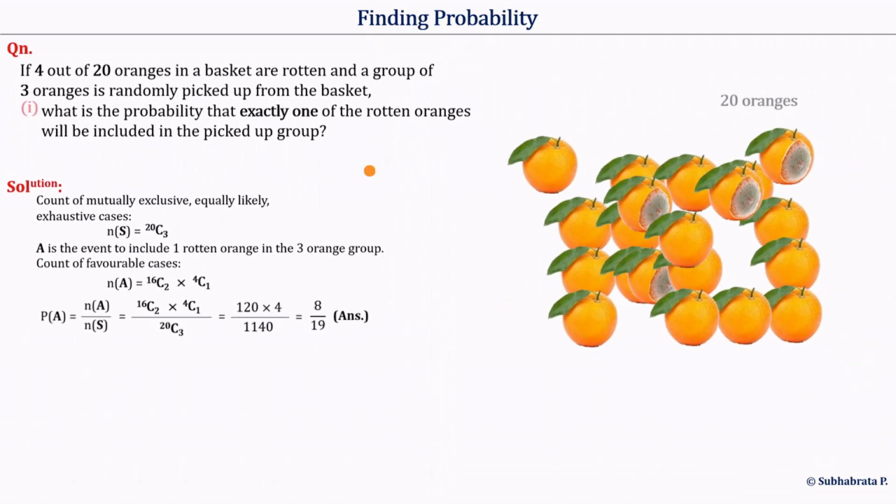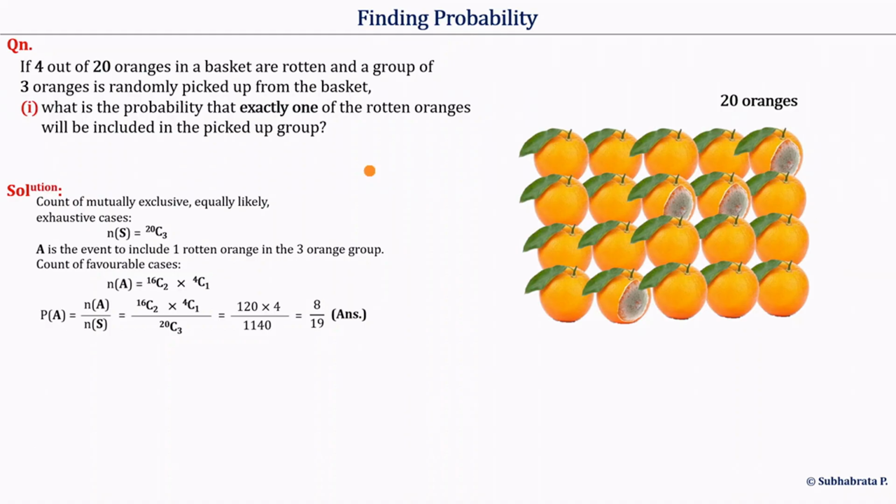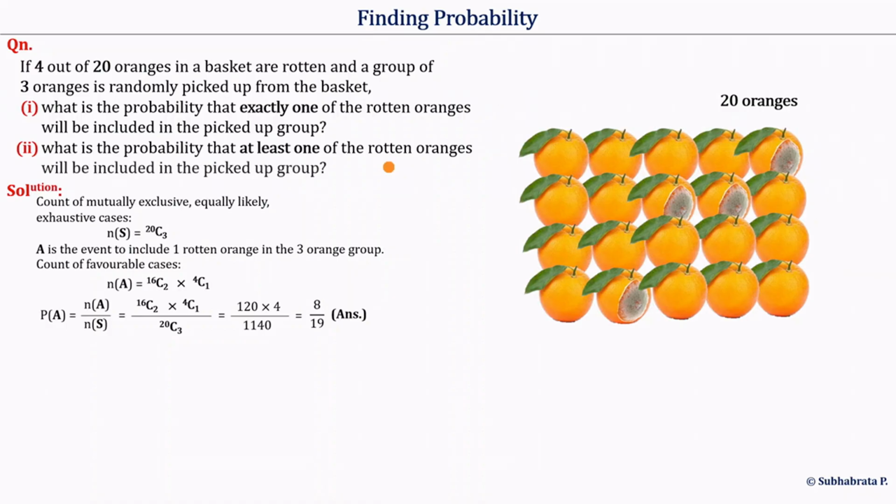We have another sequential question here. Second question. What is the probability that at least one of the rotten oranges will be included in the group of 3 oranges we pick up from these 20 oranges? In the solution of question 1, we assumed A as the event to include 1 rotten orange.